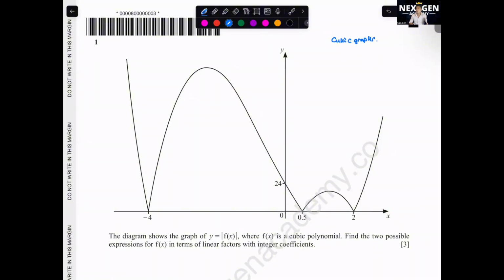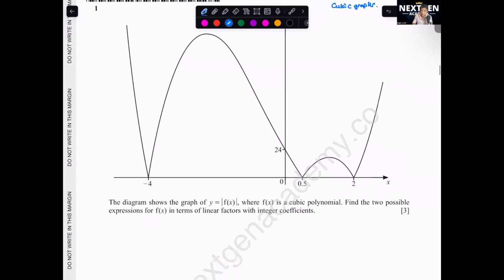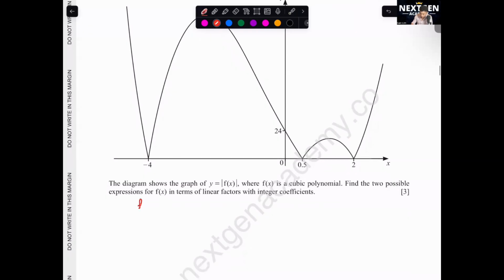What are the things that we need to know for cubic graphs? Number 1, we need to understand the format. The general format is that you need to use your roots and you need to find a k value. So this is what we normally need to find. f(x) equals k(x minus a)(x minus b)(x minus c).